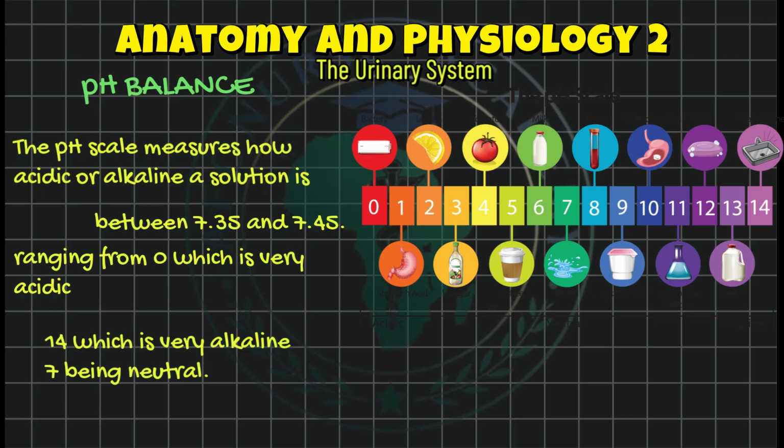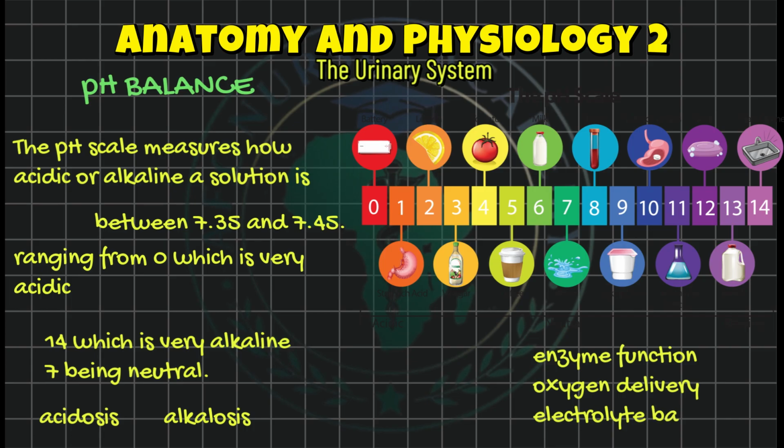Even small deviations outside this range can be dangerous. If blood pH drops below 7.35, you have acidosis. If it rises above 7.45, you have alkalosis. Both conditions can interfere with enzyme function, oxygen delivery, and electrolyte balance.